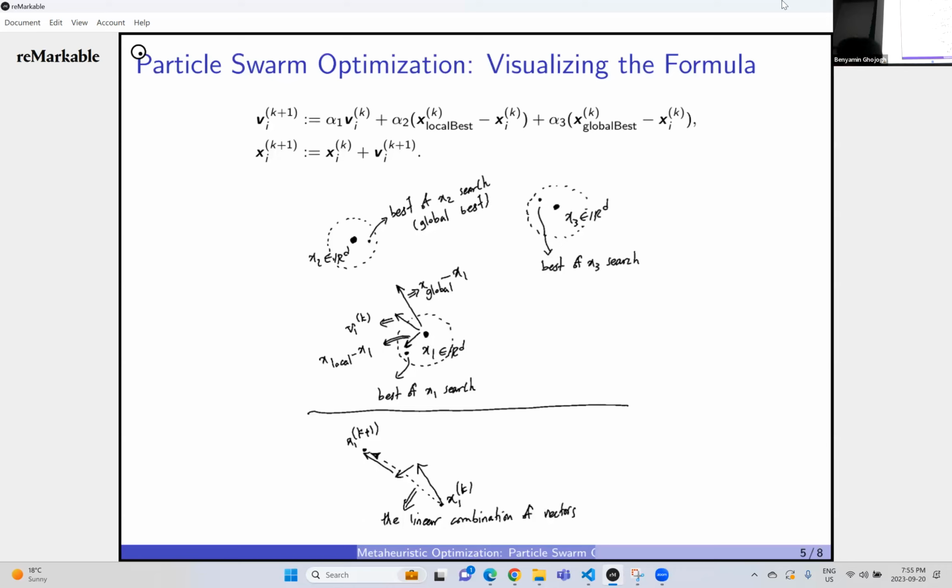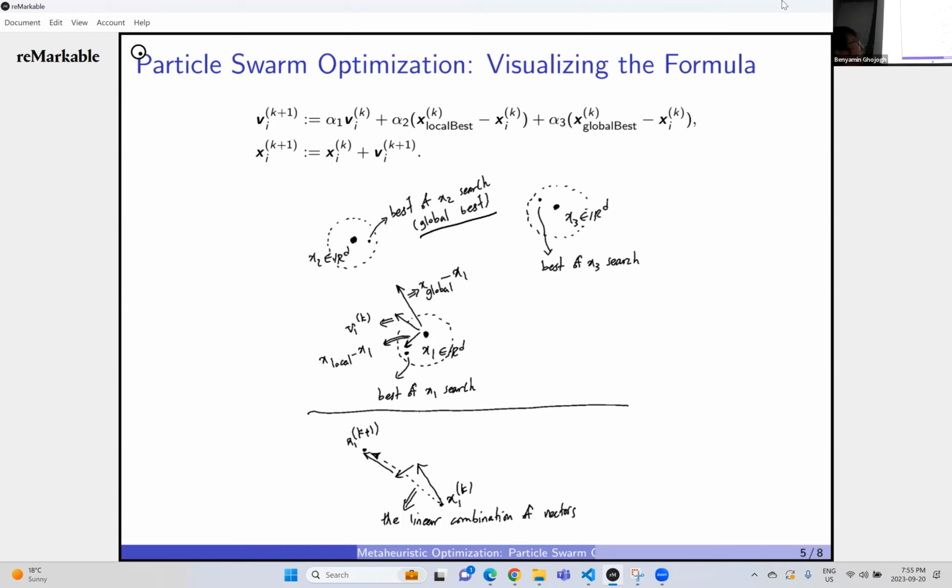For local best in this figure, I'm using the best of the particle in this iteration. And for global best, I'm also using the best of the particles in this iteration. Among these 3, one of them is better. Assume this is the better one. So I say this is the global best.